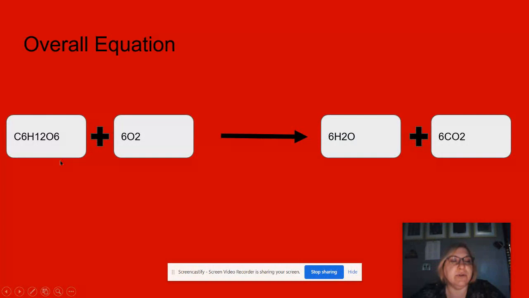So glucose and oxygen gives you water and carbon dioxide, which is what we breathe out. We breathe out moisture and carbon dioxide. We also give off water in our urine, and I guess in our poop too. So we give off water and carbon dioxide.